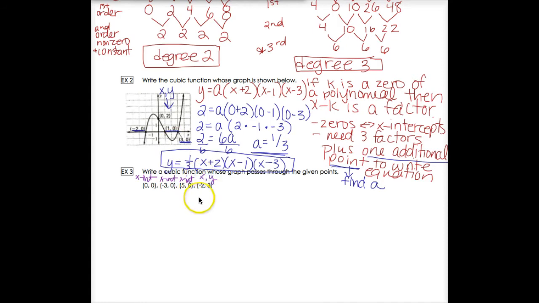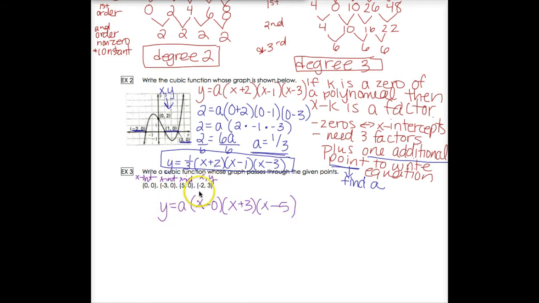That's my x and my y. So now I'm going to do the exact same thing that I did in example 2. I'm going to write y equals a, and then x minus 0, x minus -3, and x minus 5.